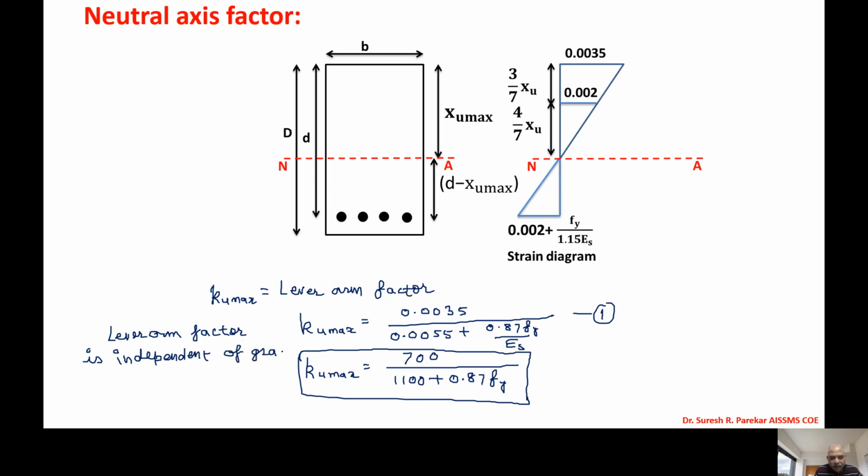Independent of grade of concrete, or I can write it depends only on grade of steel. It depends only on grade of steel. So this is first.